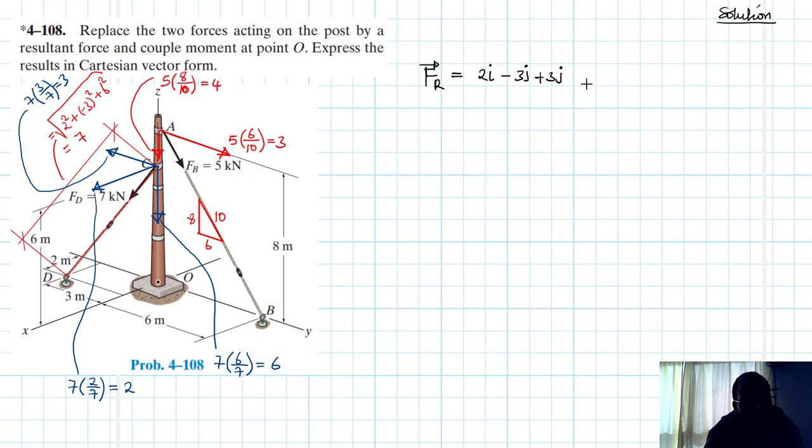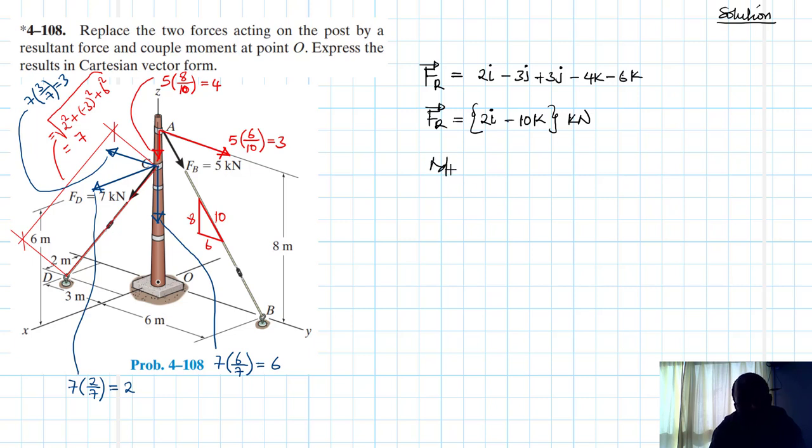And then in the z we have a minus 4k and a minus 6k. Therefore, FR as a vector is just going to be equal to 2i minus 10k. Alright, and the units for this is kilonewtons.